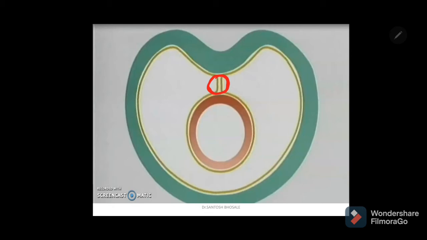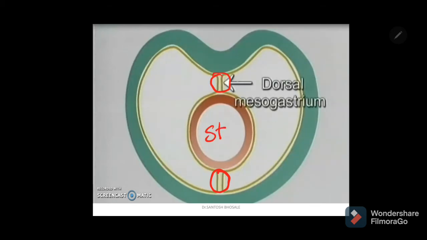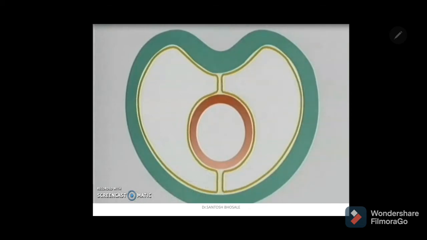But which part of the gut tube has both dorsal and ventral mesentery? You can see here the foregut has dorsal mesentery and ventral mesentery. With the developing stomach, they are now called the dorsal mesogastrium and the ventral mesogastrium.